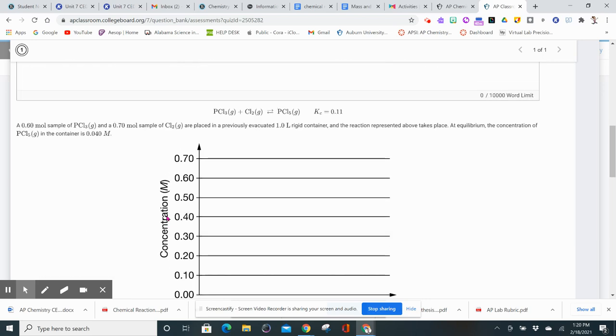Is it the one on the PCl5? I don't think so. 6 molar samples placed in previously evacuated. No.